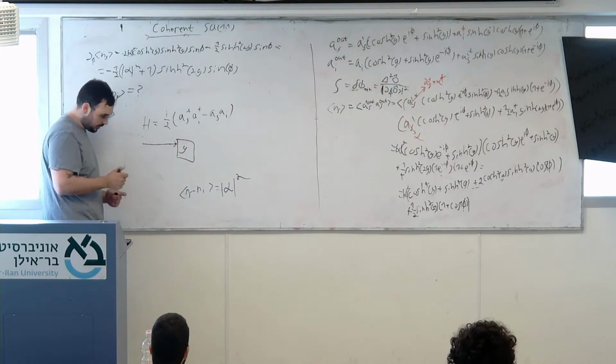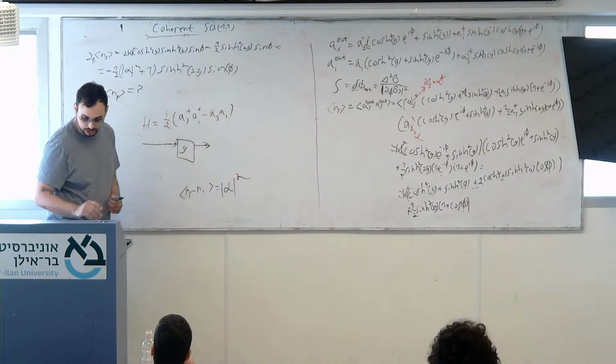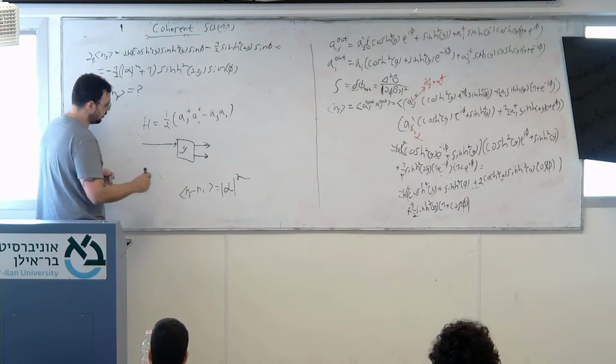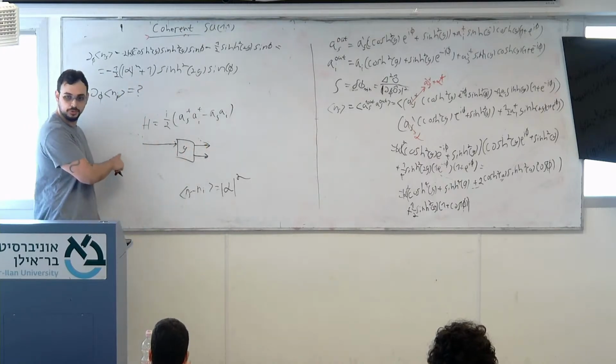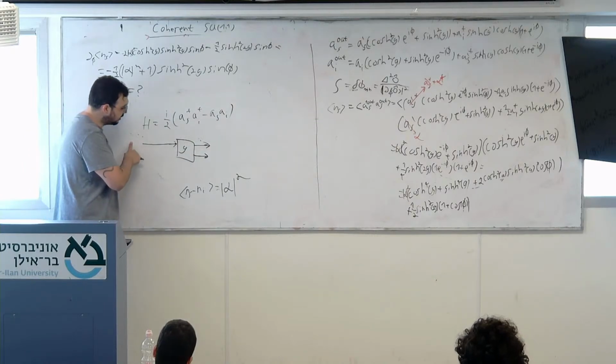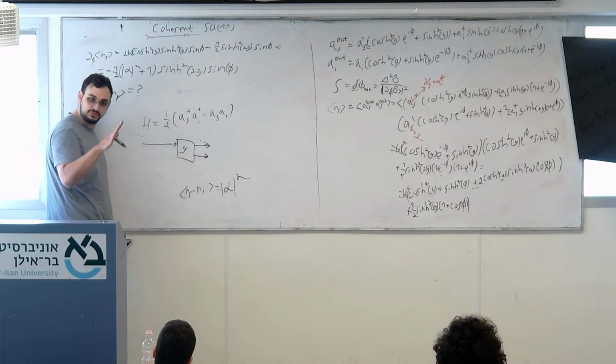On the output, the 2 modes, 1 and 2. Well, first of all, we have the 2 photons that we put in. They don't go anywhere. And then, let's say our crystal or nonlinear interaction generated another 4 photons.